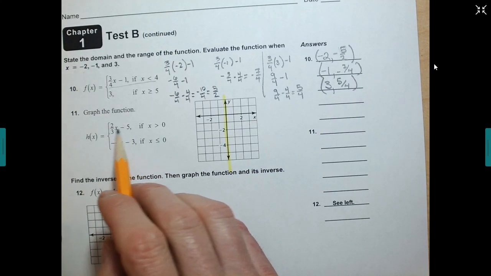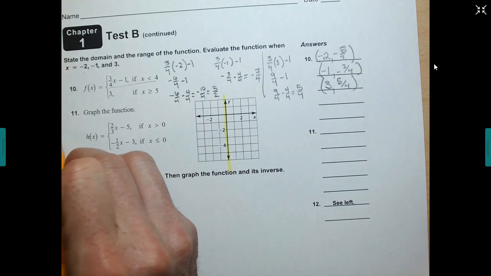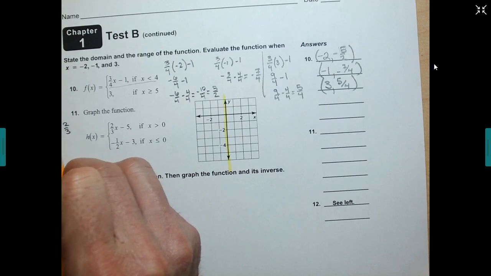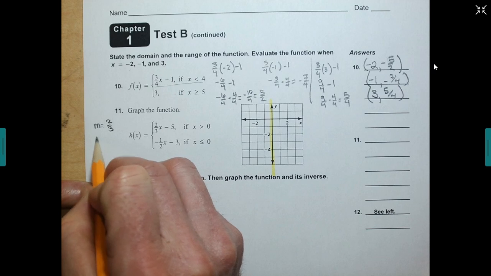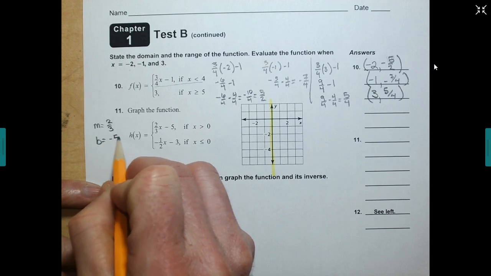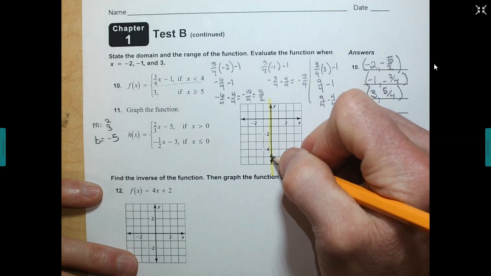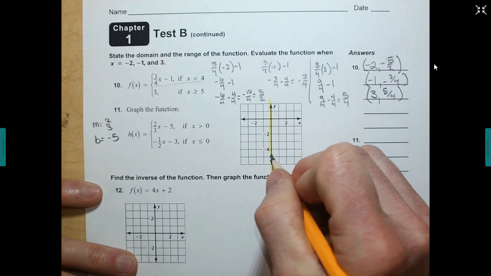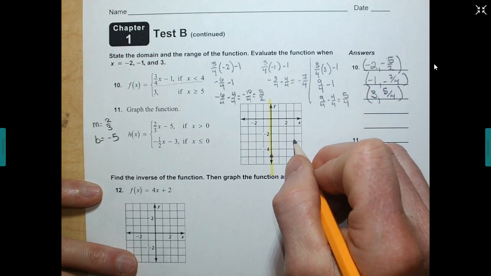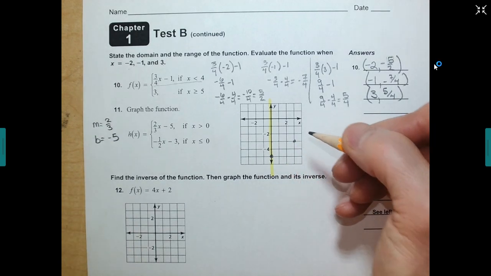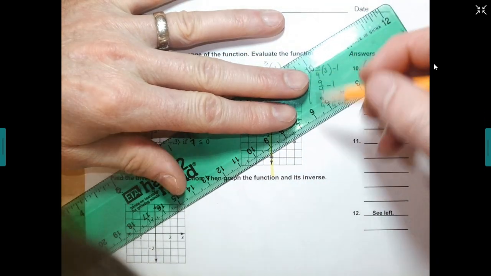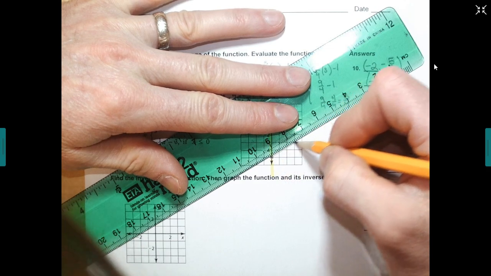Okay, so for this one, I have a slope of 2/3, and I have a y-intercept of -5. 2, 3. And 2/3. 1, 2, 1, 2, 3. There's my line.